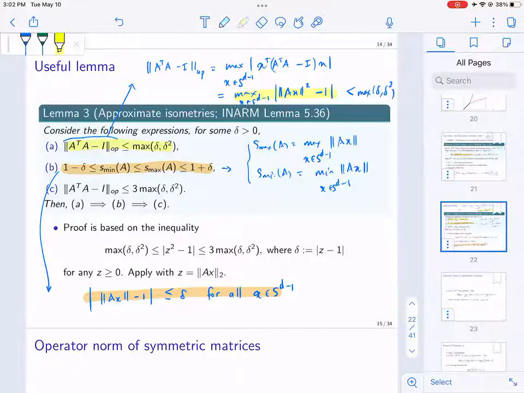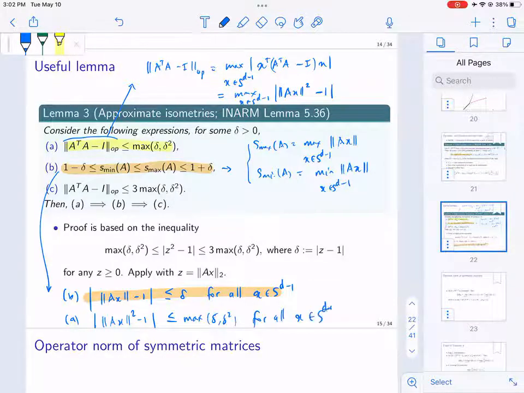That's part B. And part A is just saying the norm of Ax squared minus 1 is less than or equal to max of delta squared and delta for all x in S^{d-1}. What we want to show is that A implies B. If you compare these inequalities, it should be one of these.